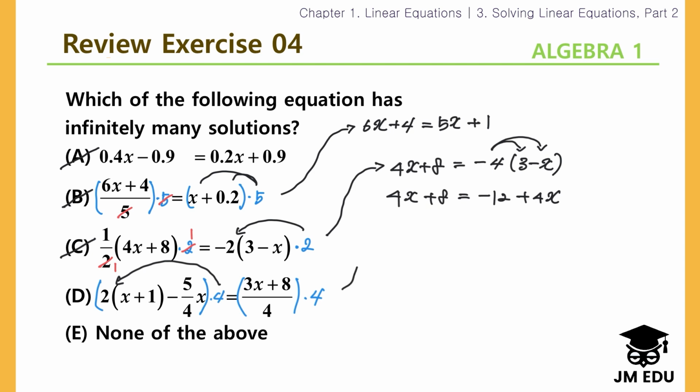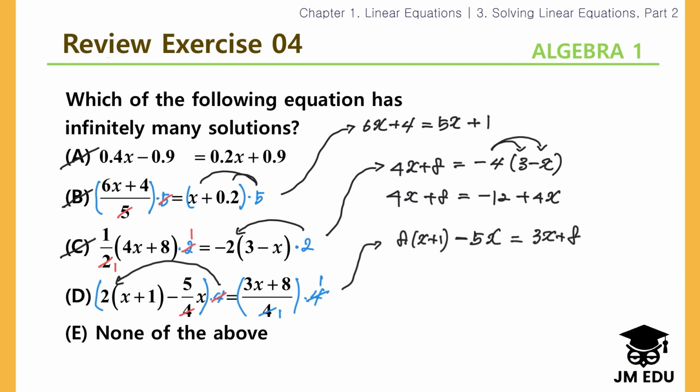That's going to be 8x plus 1, minus, here 4 times 1 is 4, 4 times 1 is 4. So 1 times minus 5x, that's minus 5x, is equal to 4 times 1, 4 times 1, right? So 1 times the 3x plus 8, that's just the 3x plus 8.